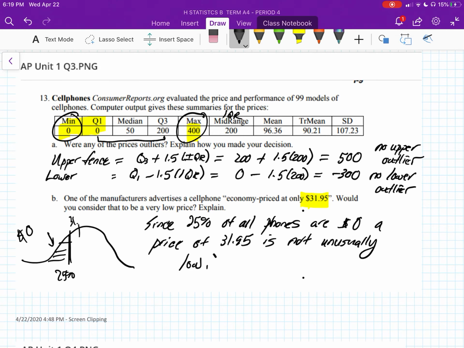We really don't know if this is normally distributed, but we do know that something above 25% is definitely not unusual, okay? So that's how I would answer that question. All right, moving on.